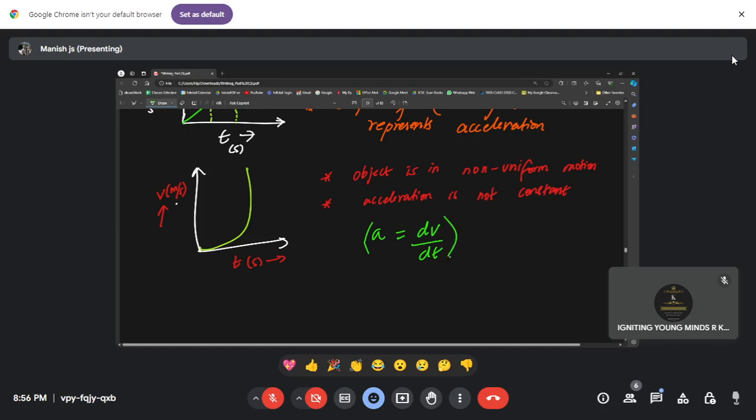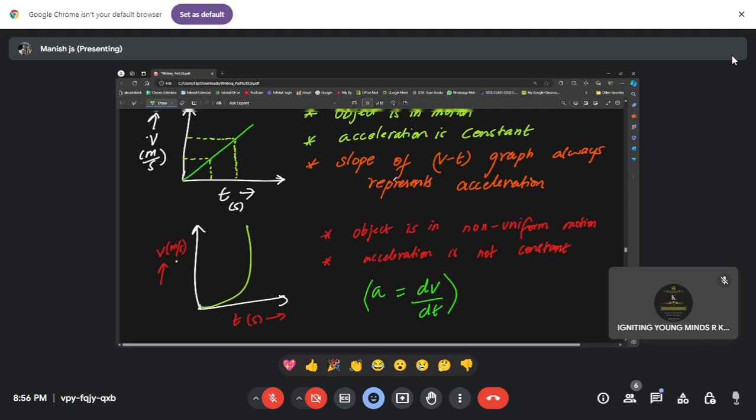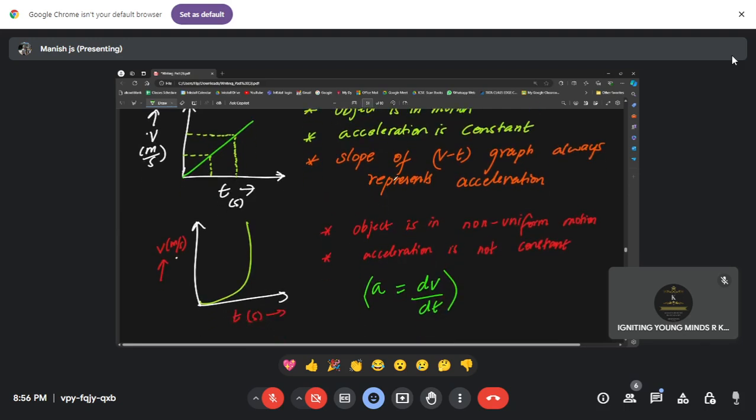By using a mathematical function, you can express acceleration as the rate of change of velocity using dv by dt. It can be any particular function. So this is the third category of the velocity time graph.